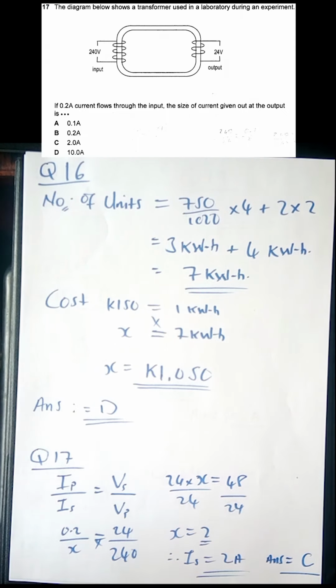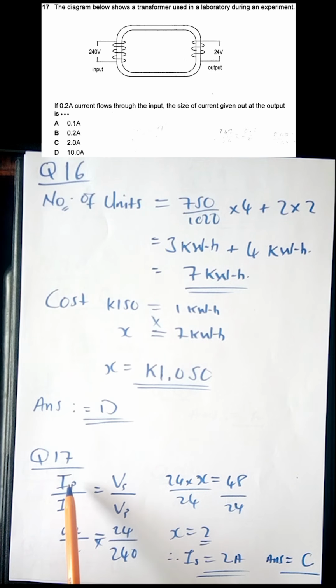Question 17, we find an ideal transformer, and we are asked if 0.5 amp current flows through the input, the size of current given out at the output is. So we employ this formula. Input current over output current is equal to output voltage over input voltage.